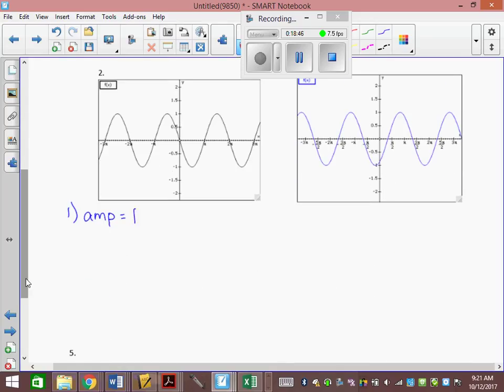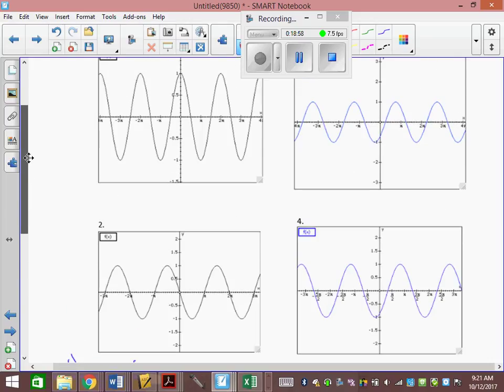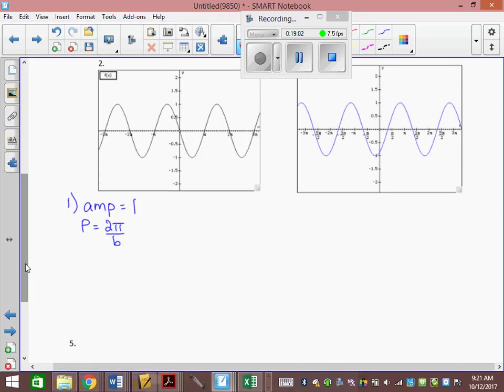Okay. Now the b value. So we have the period equals 2 pi over b. We agreed? Or 360 over b, depending on what our x-axis is in. All of these axes are in radians. So we'll stick with radians. So that's how you solve for the period from an equation, correct? But we're trying to get the b value from the graph. So we need the period.